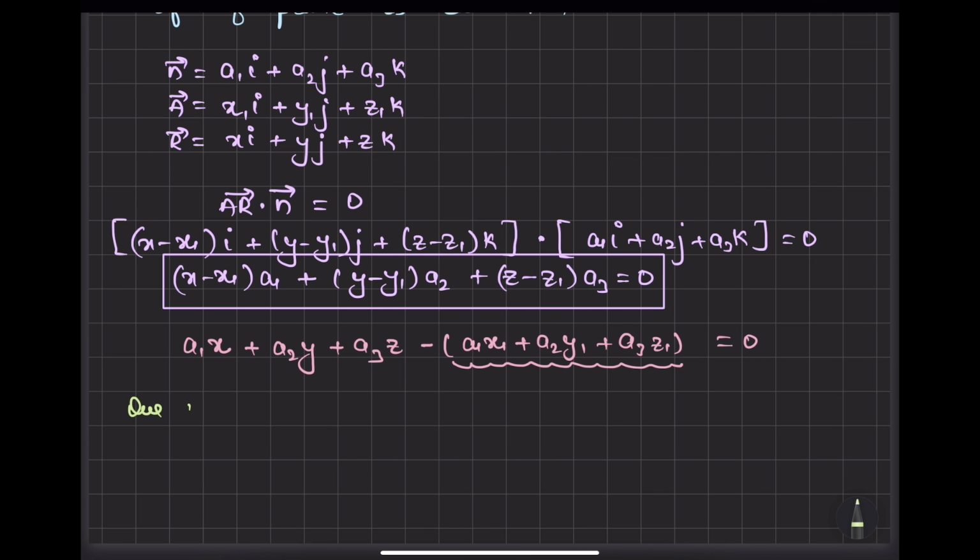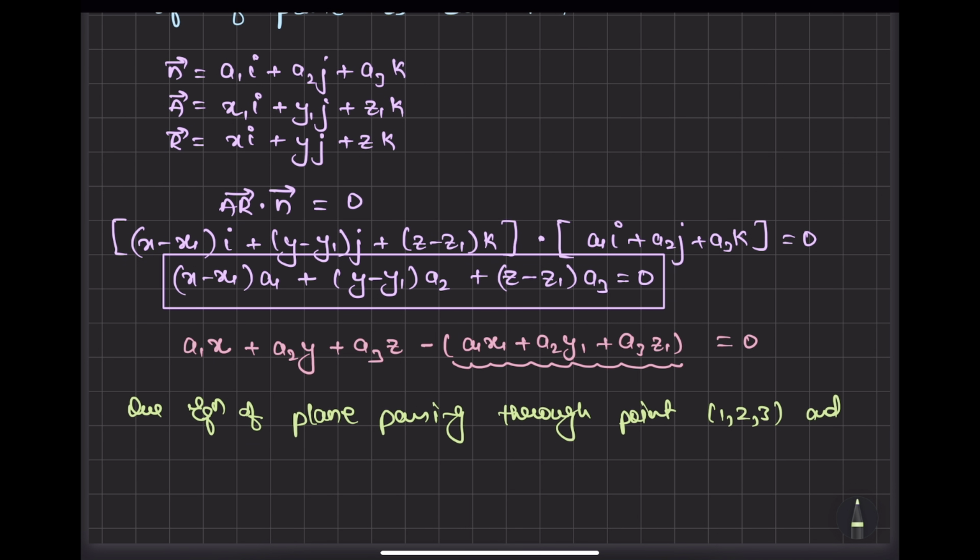We need to write down the equation of plane passing through the point 1, 2, 3, and normal to the vector, suppose 3i plus 9j plus 7k.